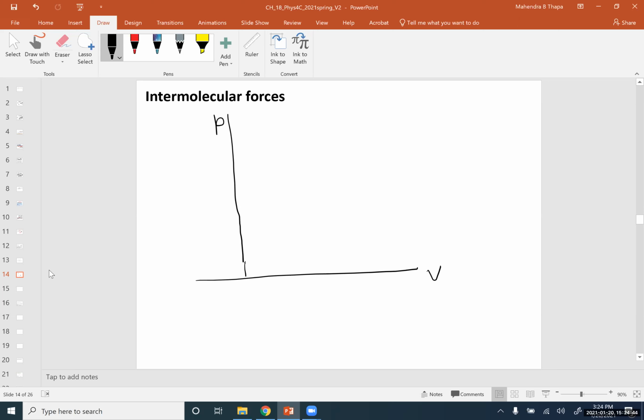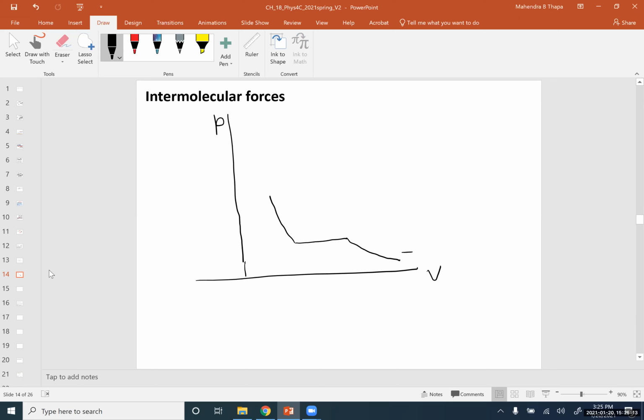If you draw the graph, we can find there is slight deviation from the ideal scenario. We'll see that our graph will be like this part, and it will be straight. Then again, it goes like this for a gas, for a given temperature, say temperature T1.